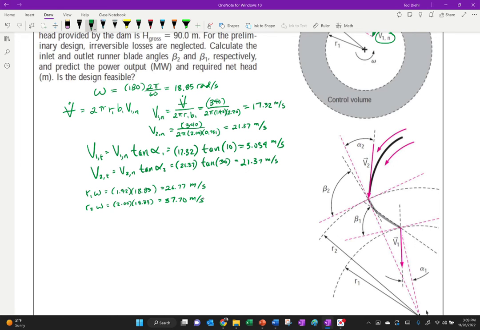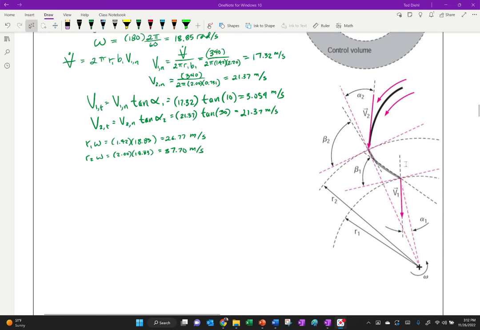And so to find the betas, 1 second. I'm going to get a ruler. Okay, so let's see. I guess I did the velocity 2 first. So this has some amount of correctness. Let me switch to blue.